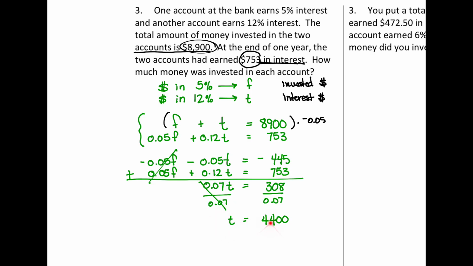Okay, I found t is this. T represented the amount of money in the 12% bank account. So that is money at 12%.